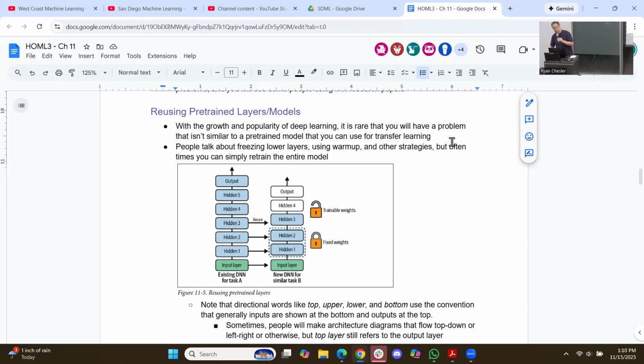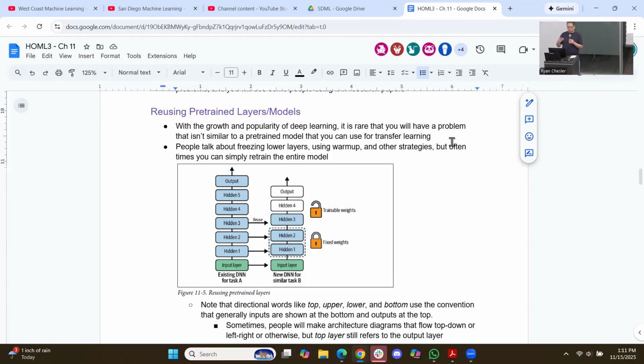Very interesting question. Let me try and give you the shorter answer. If I take a model that was trained to tell the difference between dogs and wolves, and I'm going to use it to tell cats and dogs, then the mental model that I have is that you're reusing the lower layers because they have good feature extractors.